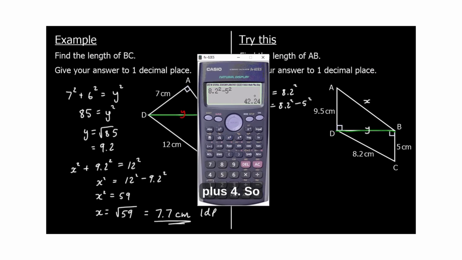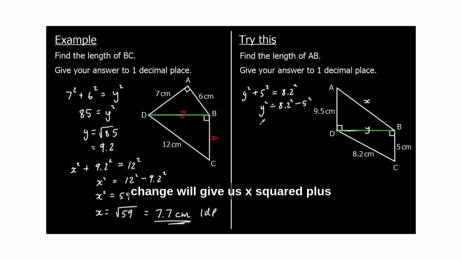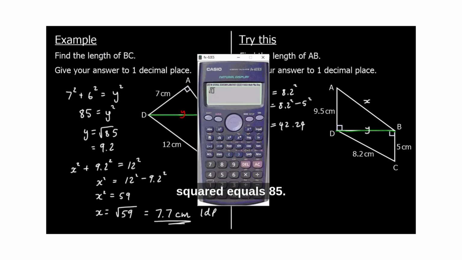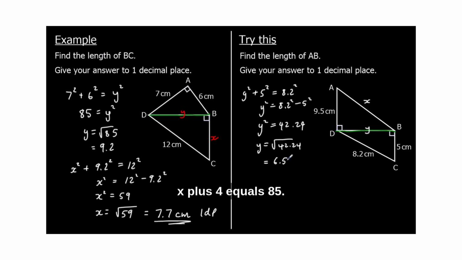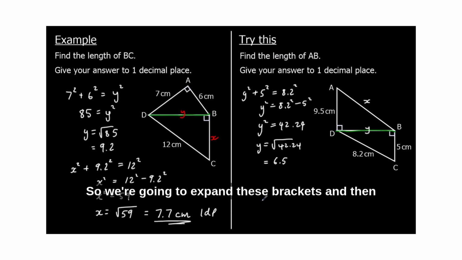And that is 42.24. So y squared is 42.24. To get y by itself, we square root. And that is 6.5, but we'll leave the whole answer in the calculator. So it's 6.5 to 1 decimal place, but we're going to use the whole number. So let's just call it 6.5, but keep the number in the calculator.